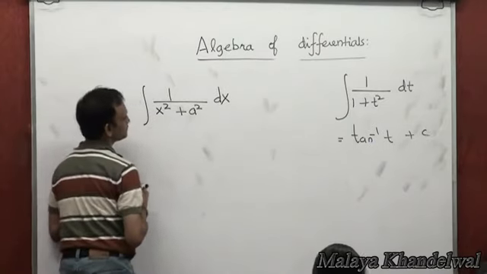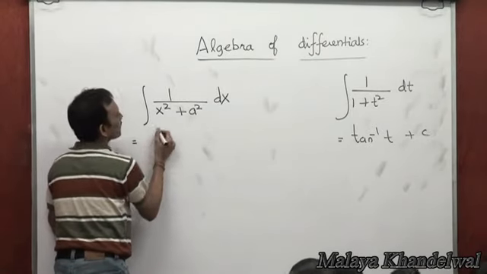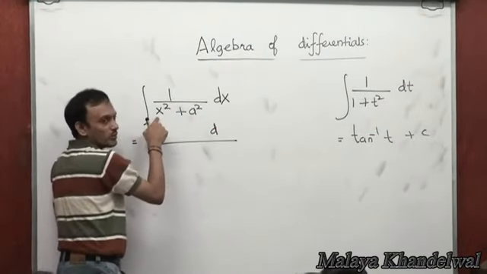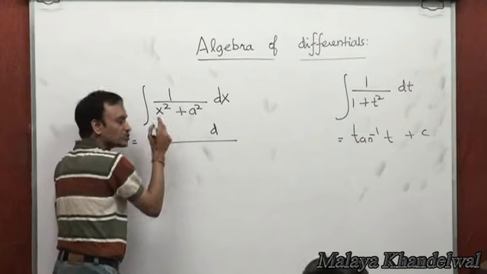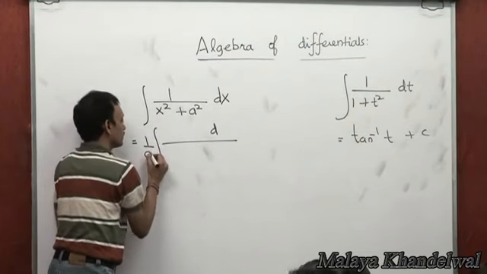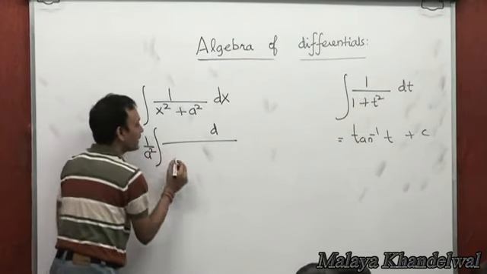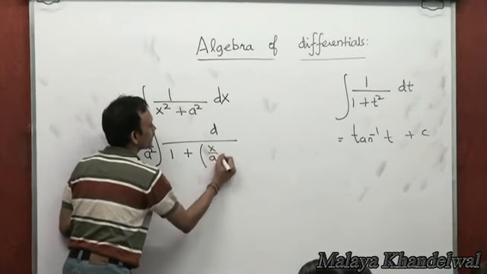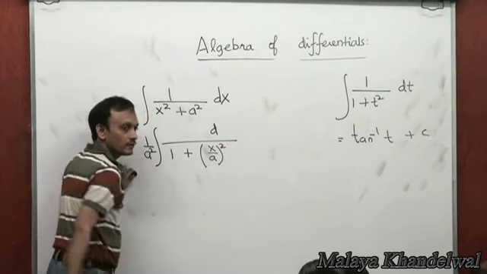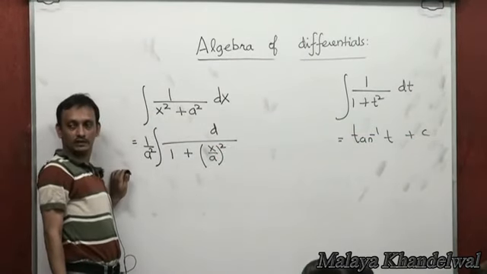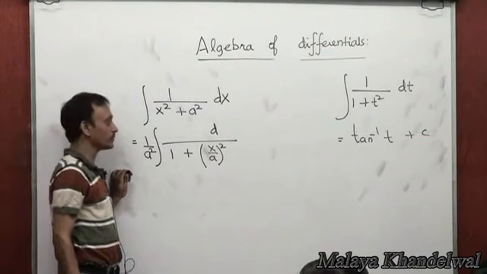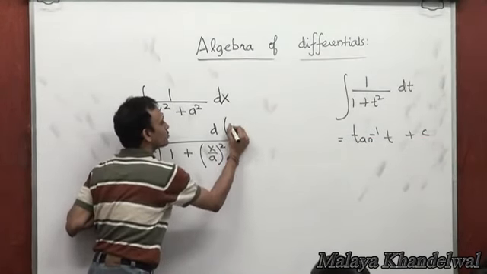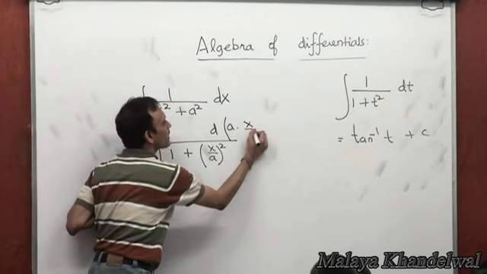What I do is, I write this dx. I take a squared common from the denominator. And then I end up getting 1 plus x by a whole squared in the denominator. Now, for the numerator, dx could be written as a into d of x by a.